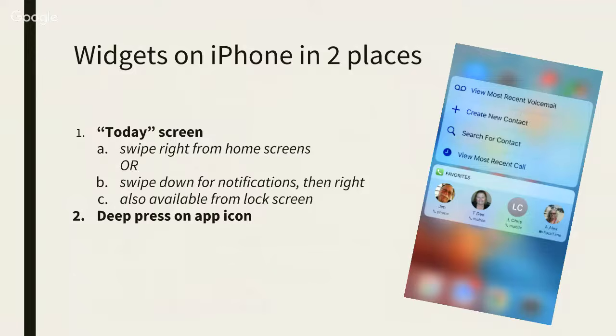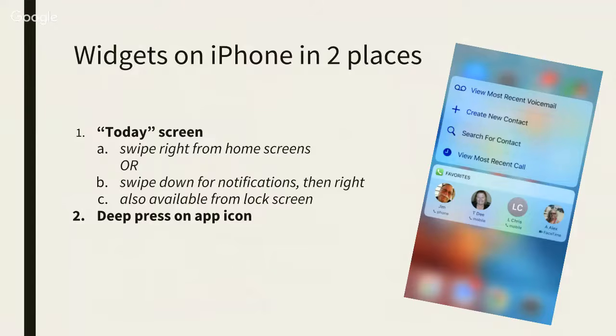And that's where you will see all your main widgets. You can swipe right, or you can swipe down to your notifications and then swipe right. They're also available from your lock screen. That's kind of cool. So you can make a phone call to a favorite right from your lock screen.